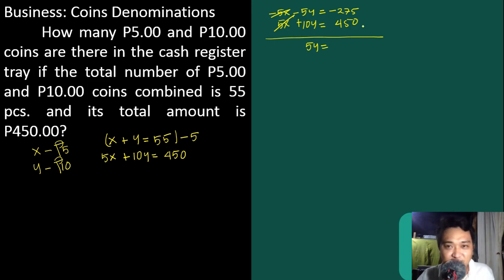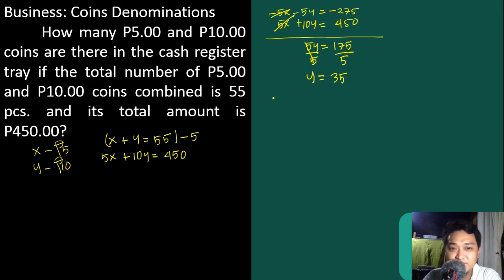How about this? 450 minus 275, so that is 175. And dividing both sides by 5, so y here, or the number of 10 peso coins, will be 35.